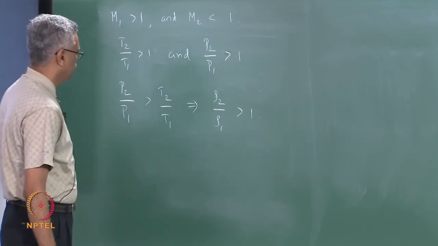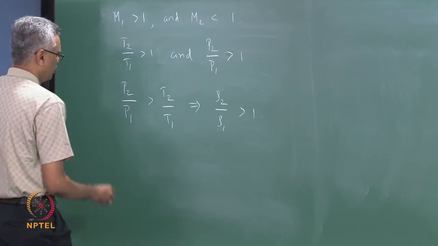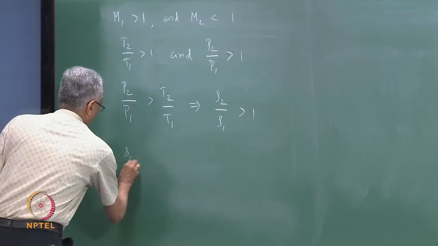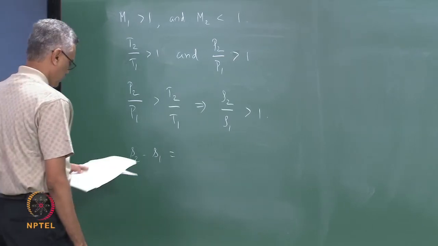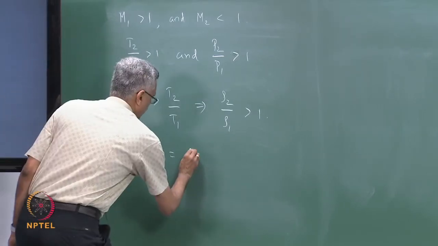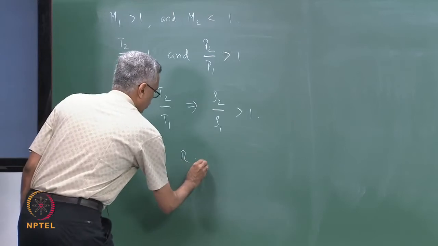And based on the expression that we wrote down earlier, if you remember, we wrote down an expression for entropy change, S2 minus S1, because T02 over T01 remains the same.